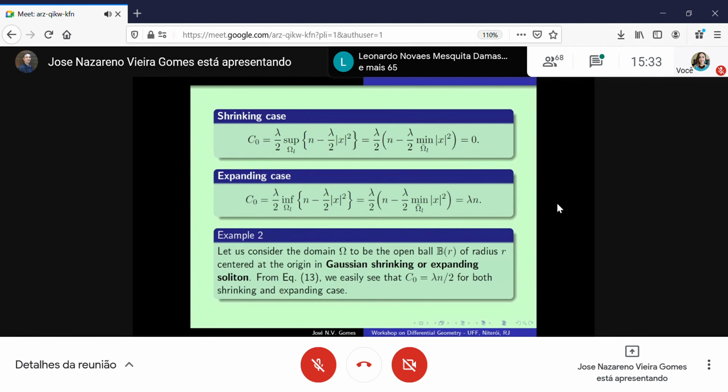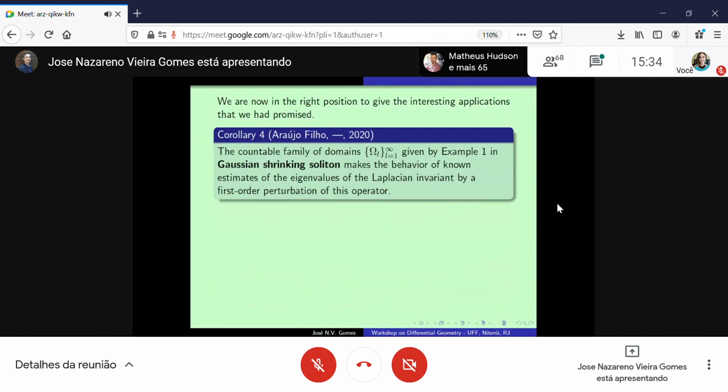Example 2. Let us consider the domain omega to be the open ball in the Gaussian shrinking or expanding soliton. So C0 is equal to lambda n over 2 for both the shrinking and expanding cases.